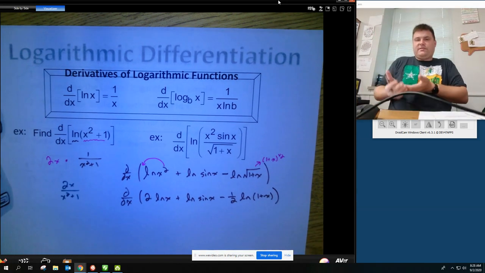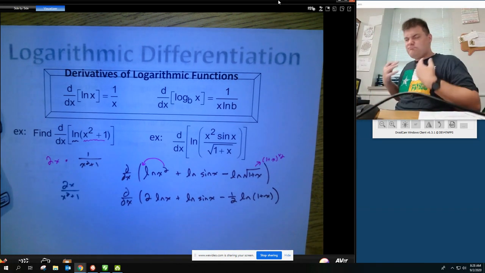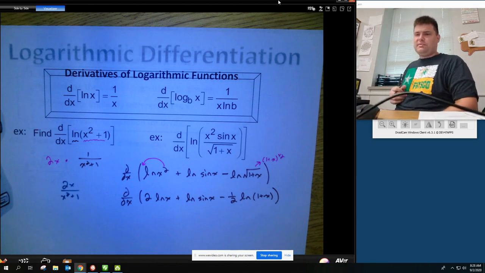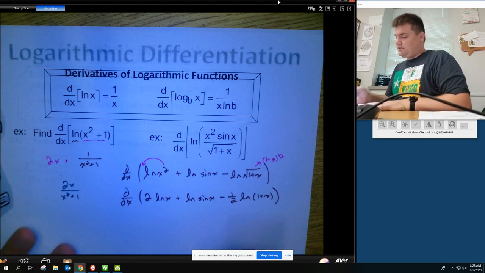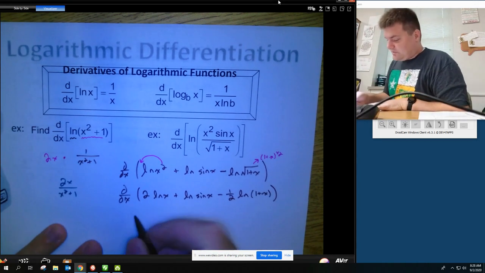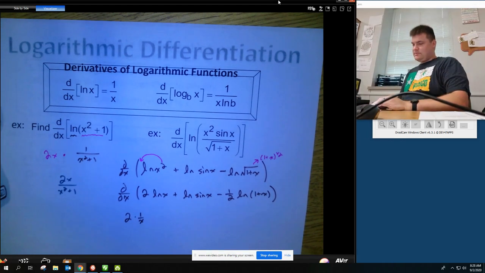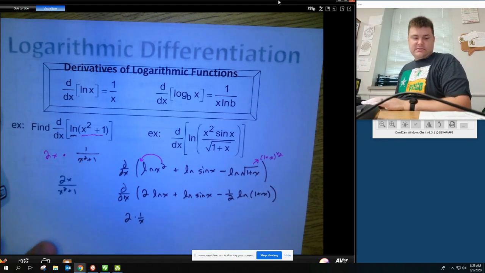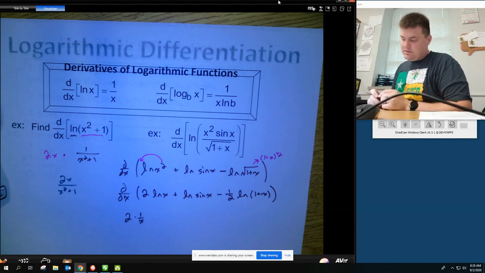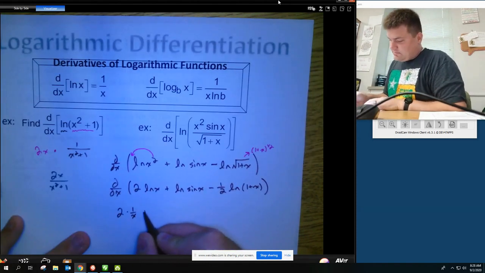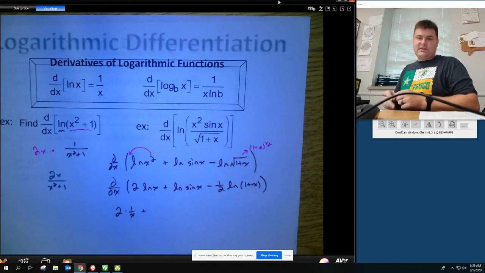Now I'm just taking the derivative of 3 separate things, much easier than the original problem, doing your product and a chain and a quotient. So here we go. Let's start taking the derivative now. This is going to be 2 times 1 over x. And this is going to be the derivative of the inside there, because it's sine.